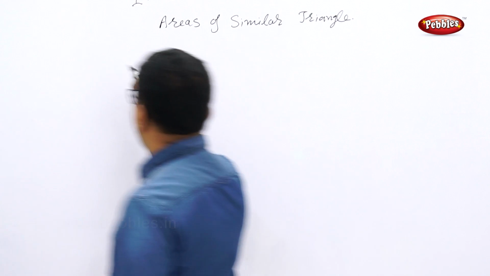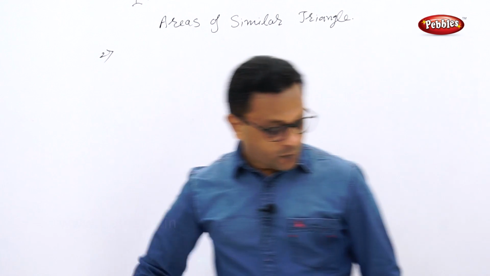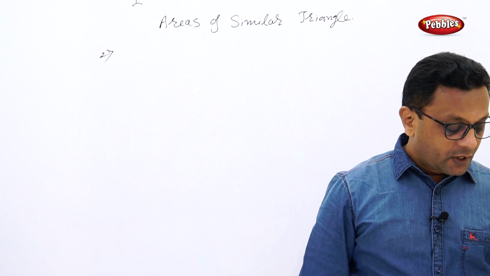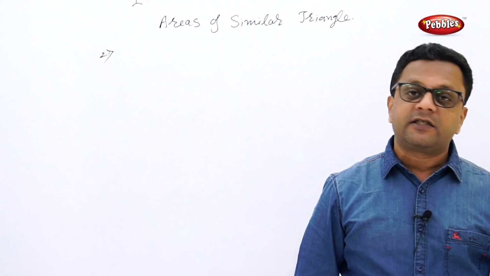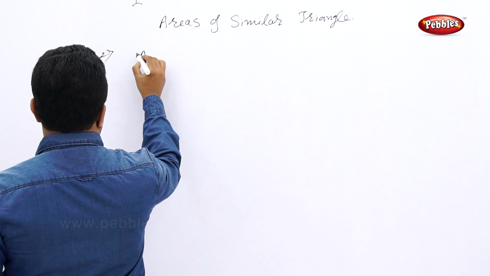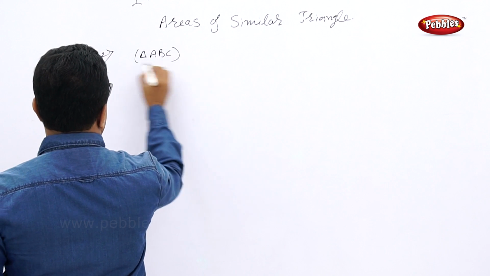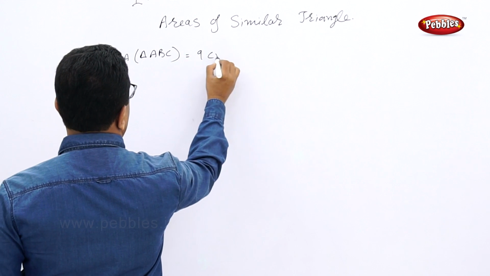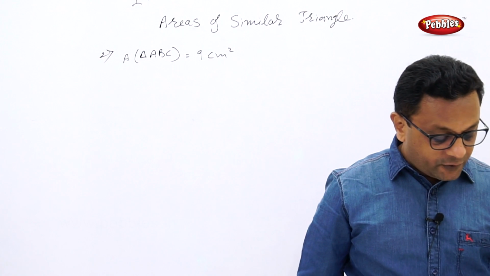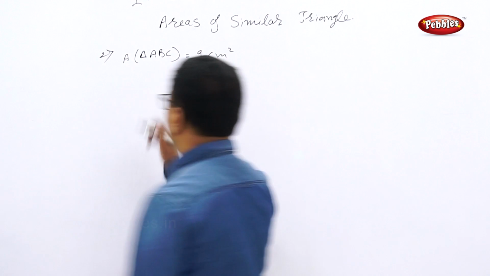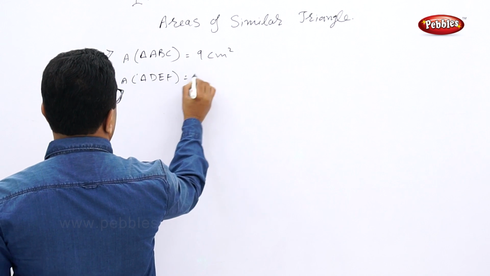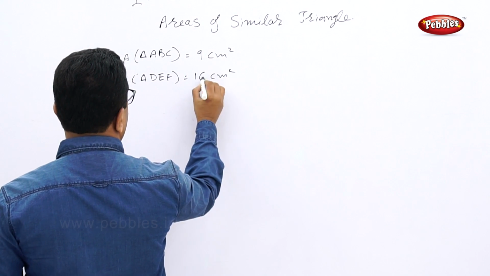Second example: if triangle ABC and triangle DEF are such that the area of triangle ABC is 9 centimeters square, and the area of triangle DEF is 16 centimeters square.